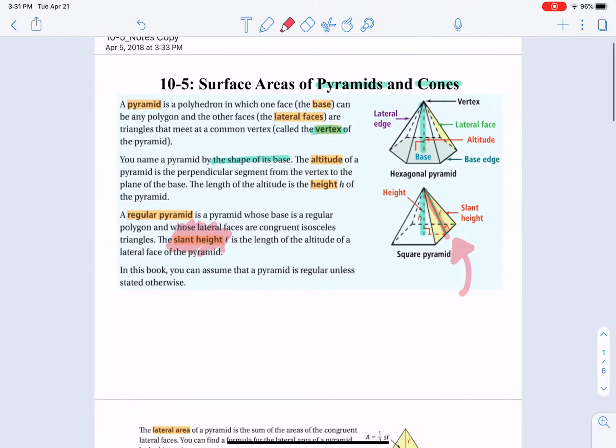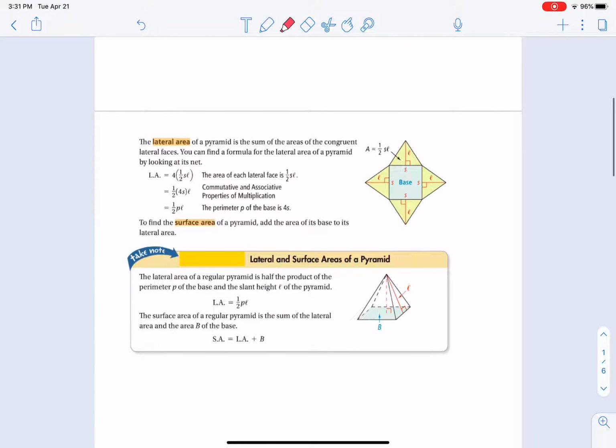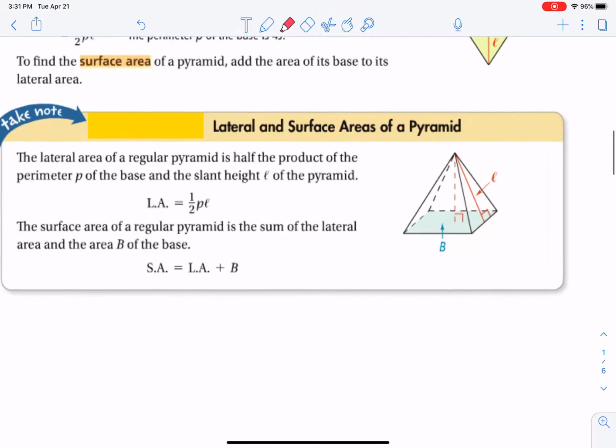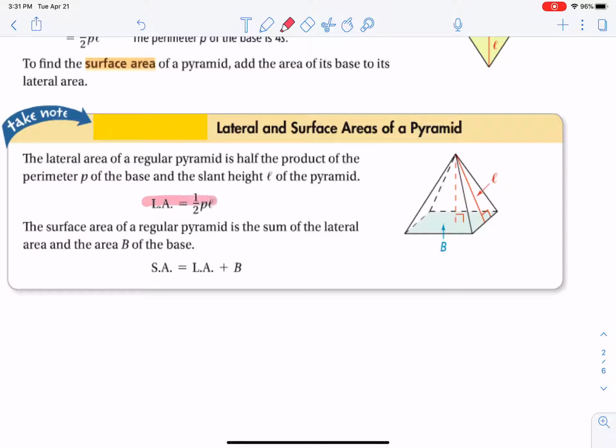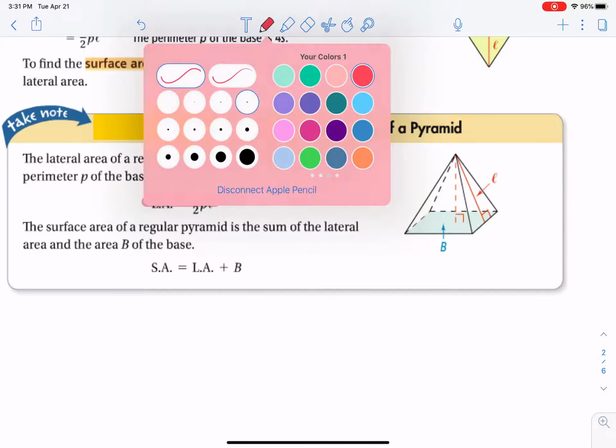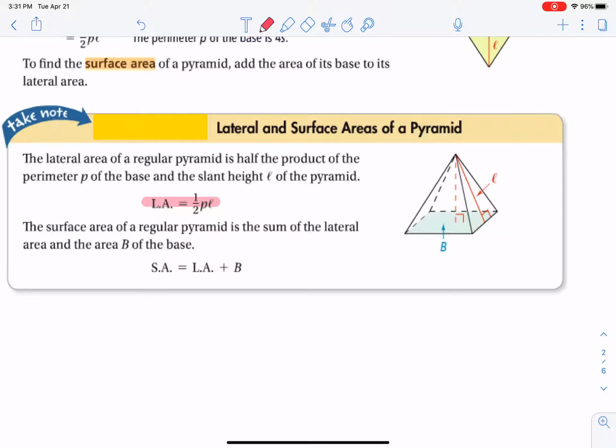So let's start with a pyramid. They said the lateral area is 1/2 times the perimeter times the slanted height. You can memorize that shortcut if you want. I still go with lateral area is the area of all the lateral sides.